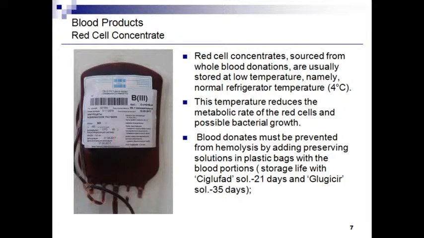The storage life with the stabilizer Glugitsir is 21 days, and if you use CPDA as a blood stabilizer, you can keep the blood portion for up to 35 days.